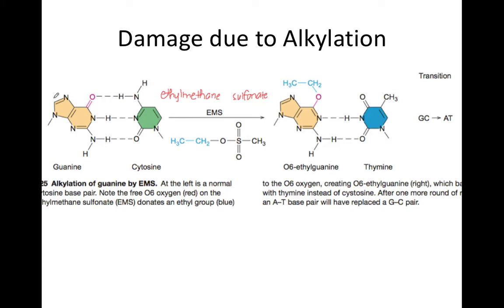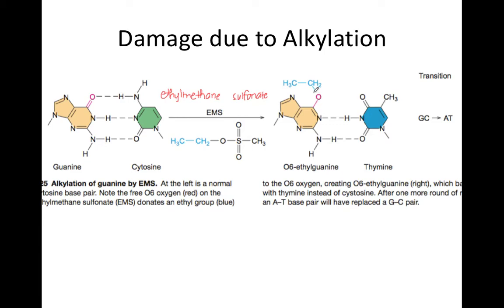In this example, we have guanine that is hydrogen paired with cytosine. Now, in the presence of an alkylating agent like ethyl methane sulfonate, if you observe, guanine has been alkylated on this side, and as such, this oxygen cannot function in hydrogen bonding anymore.